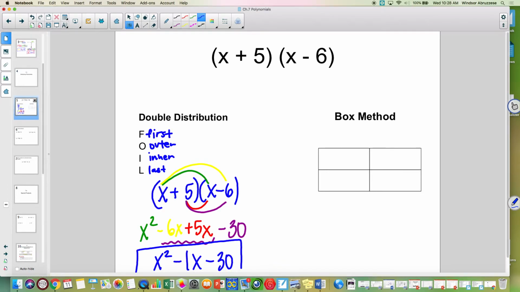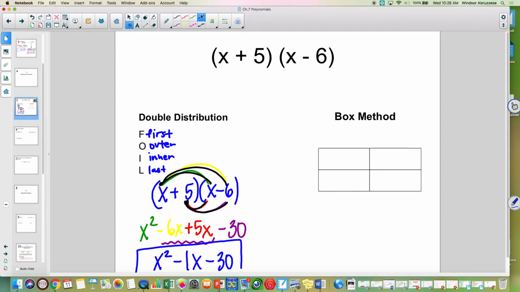And that's it. So you could call it double distribution, where I multiplied the x times everything in the second binomial, and then I multiplied the 5 times everything in the second binomial, first, outer, inner, last.